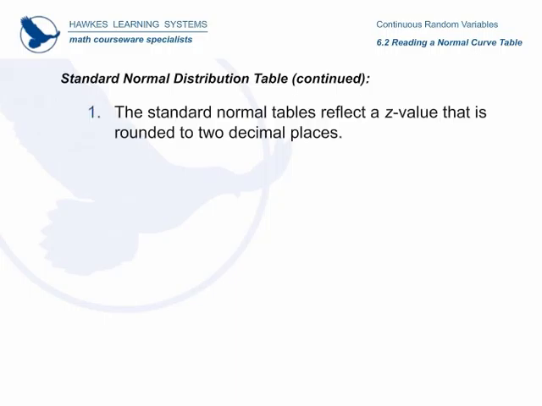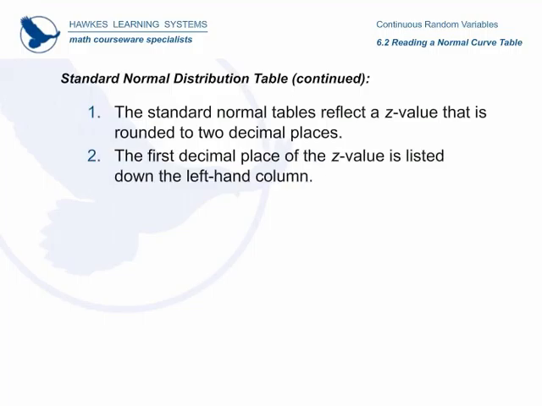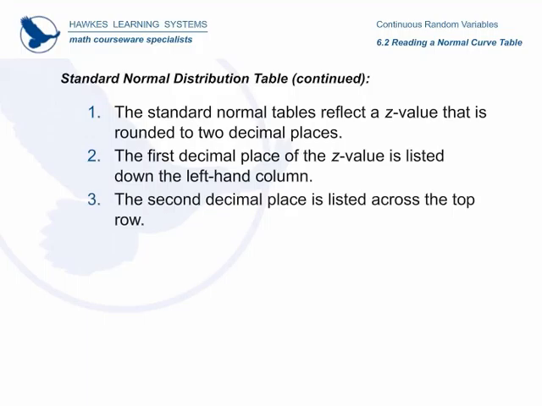Now, the standard normal tables reflect a z-value that is rounded to 2 decimal places. The first decimal place of the z-value is listed down the left-hand column, so that would be our vertical column on our left-hand side.